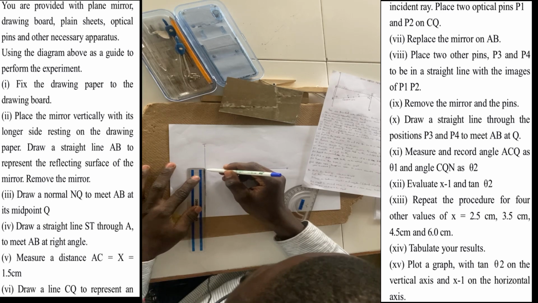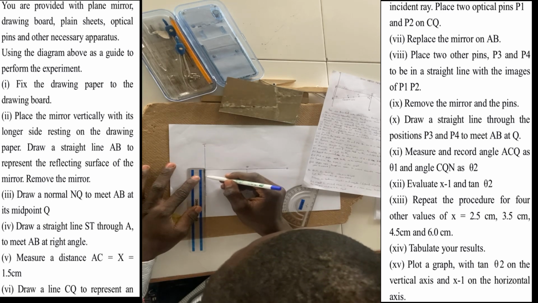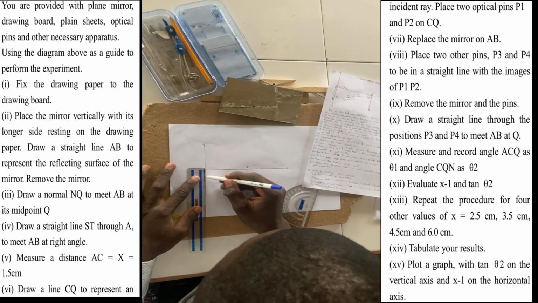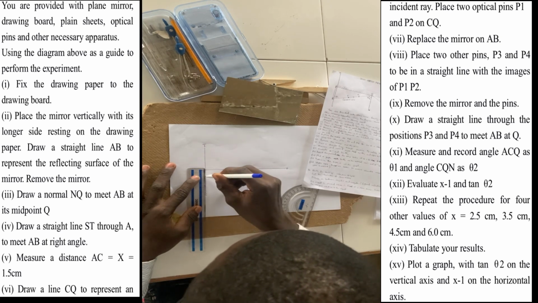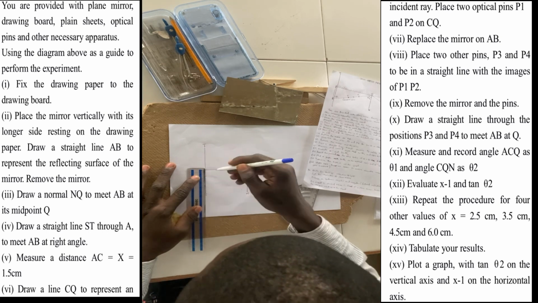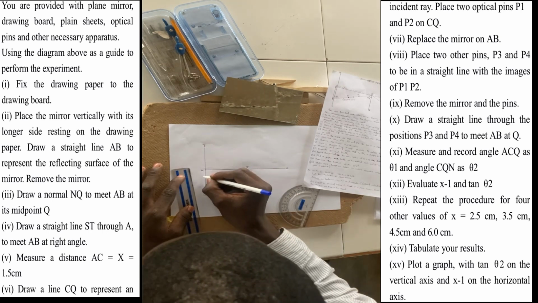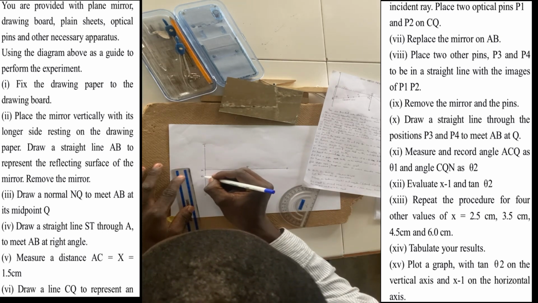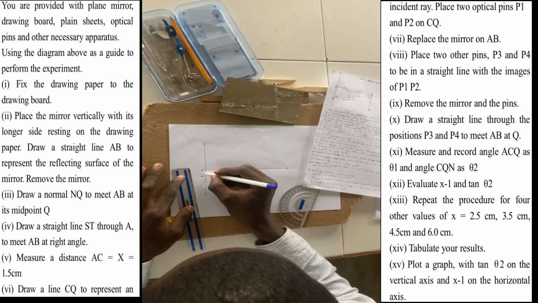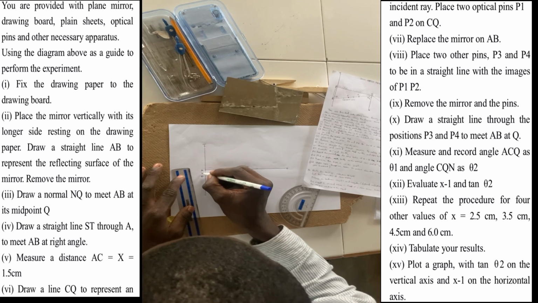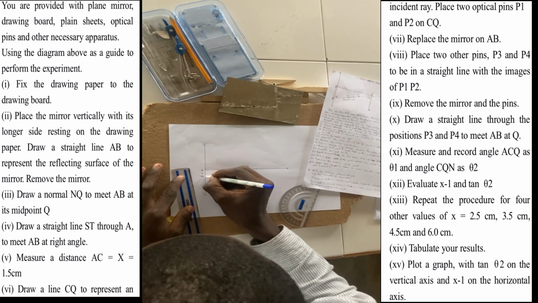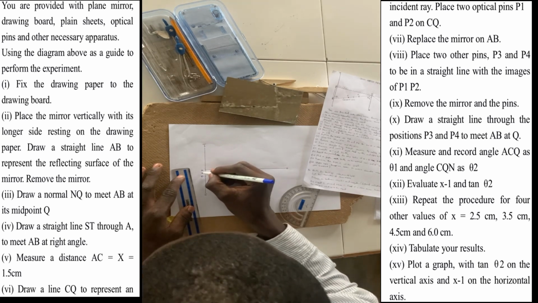Then 1.5 centimeters will be 15 millimeters, which is the same thing as 1.5 centimeters. So this is AC. I'm marking a point now, my C will be here. And we are told that AC is equivalent to line x. The distance between here and here is what we call line x.